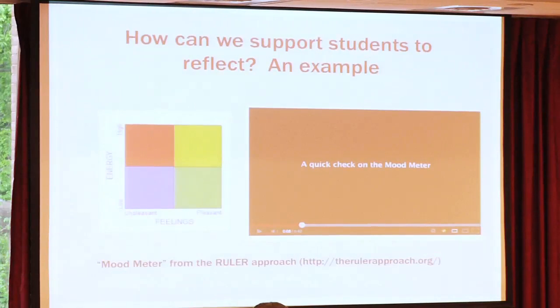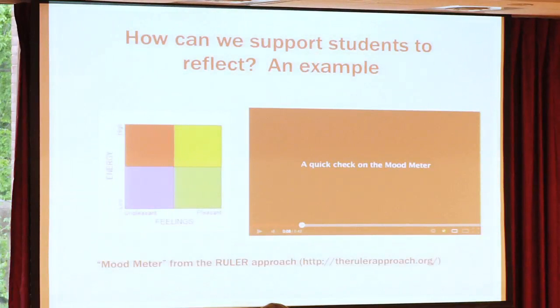The green is, I think, purposefully green. It's that kind of calm, right? So it's pleasant but low energy. And then the red is, as you might imagine, high energy and negative. So this is angry, really frustrated, scared. There's lots of actual emotions that could fit in there, but this is something that's strongly felt, and negative, unpleasant, okay?